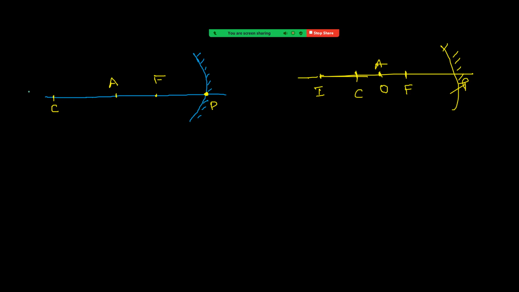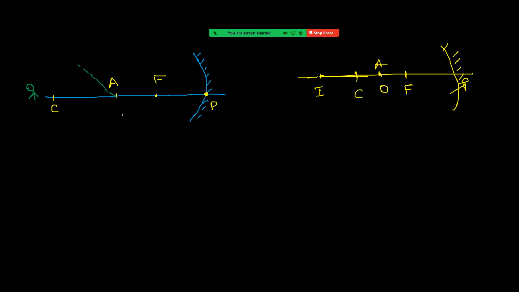So I am taking a person standing here, and I am saying that his left hand is above this axis and his right hand is below this axis. Or if you see from the top, the left hand is in this region, in this way, and the right hand is in this way.